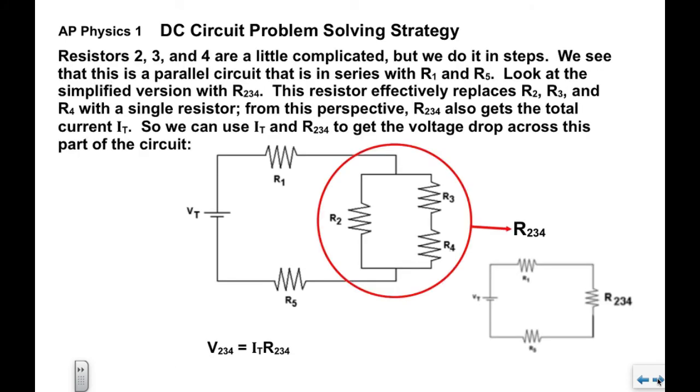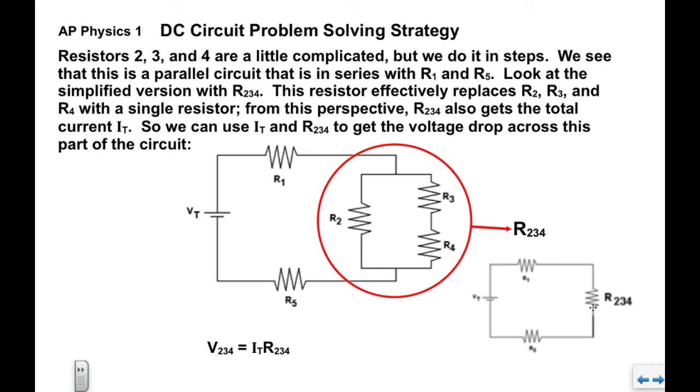Now 2, 3, and 4 are a little more complicated, but we can do it in steps. We know that this is a parallel circuit that itself is in series with 1 and 5. So when we look at this particular step, this simplified version, where we've replaced 2, 3, and 4 with an equivalent resistance R2,3,4, we can then say that the total current has to go through this resistor.